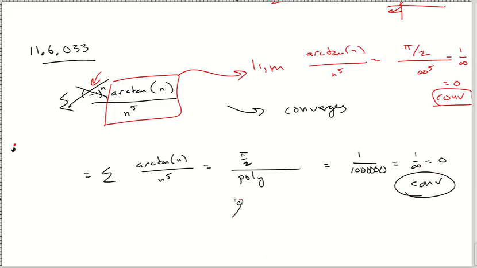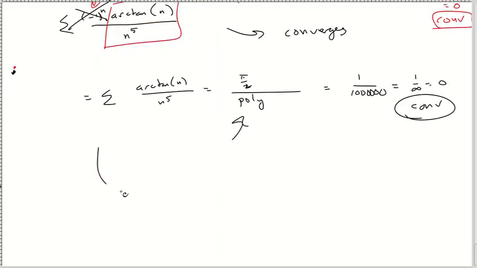Notice that I'm using this comparison test thing almost every time. Another way, a third way I have in my notes, is that I could say this is kind of equal to this guy here, and then use the p series. Because p is greater than 1, it converges. That 5 right there. So many different ways to do it, and that is good.